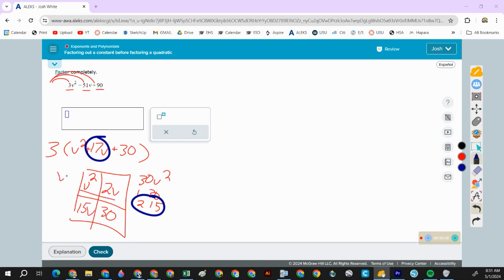The top row shares a v. If I remove a v, I'm left with v plus 2. The first column shares a v, so I pull that v out and I get plus 15. And don't forget that the 3 is part of your solution. So the factors are 3, v plus 2, and v plus 15.